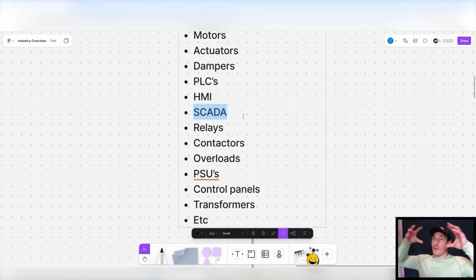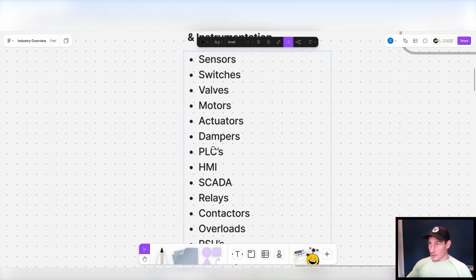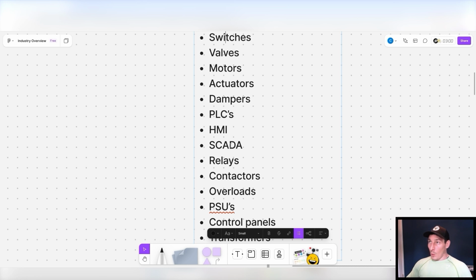The way I think of SCADA is an overview, a screen with an overview of the whole process and control system, so we can see specifically what's going on with sensors, switches, valves, motors and so on, all displayed in one place. HMI, human machine interface, is more of a screen on the front of a control panel where we can interact with that control system or panel on a single level, rather than a big overview of all the systems combined.